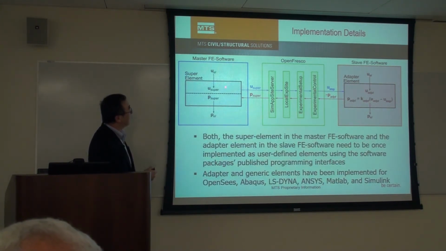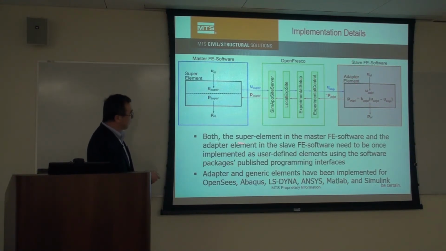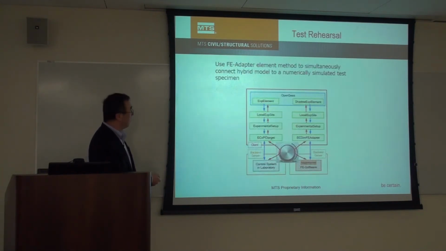In the master, you have a super element that sends out the command, and in the slave you have an adapter element to accept the command. Because it's OpenFresco based, you have OpenSees and OpenFresco connections, and you can have a different FE package to be used as master or slave.